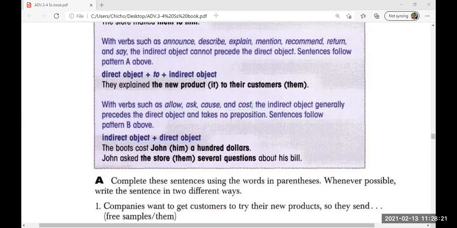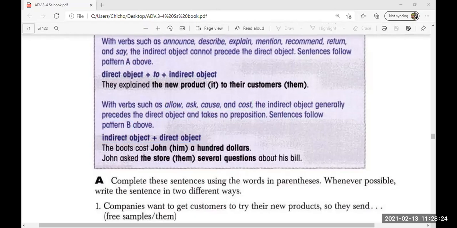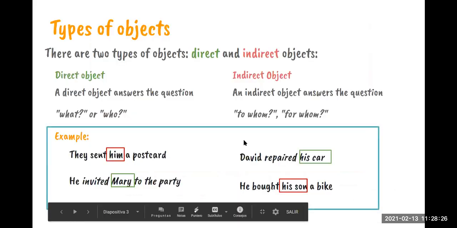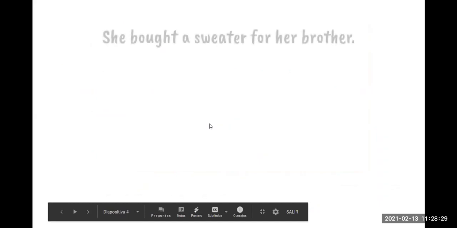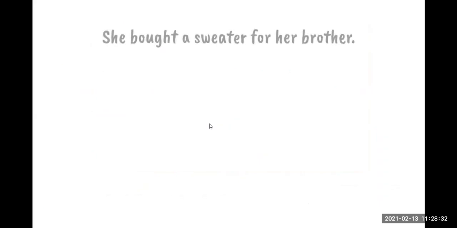For example, I'm going to give you a sentence. Let's see here. So here you have a sentence. I want you to tell me what is the object in this sentence. What do you think? What is the object in this sentence? Her brother. Her brother is the object of the sentence?